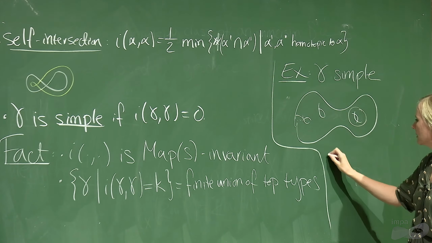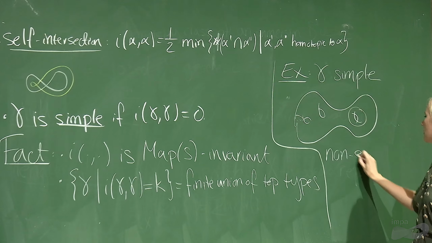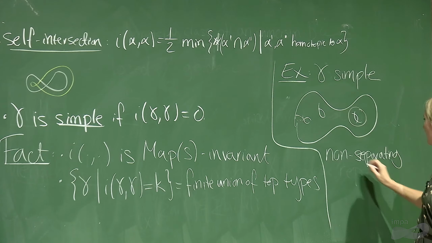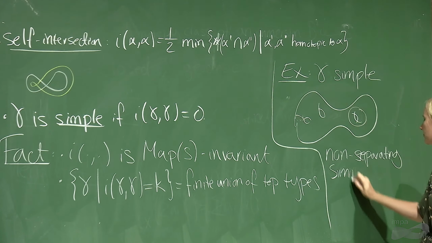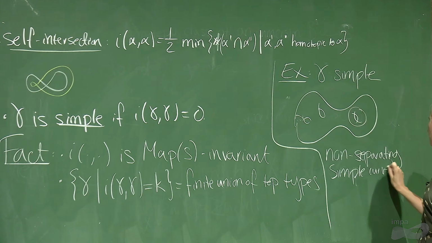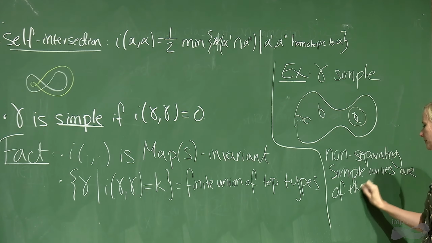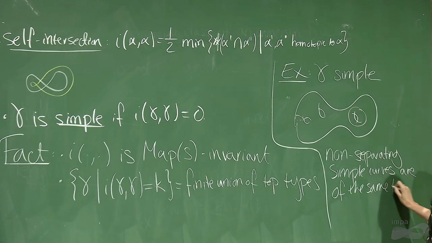So we call these non-separating simple curves. They are of the same type, and you can map one to another by a mapping class.